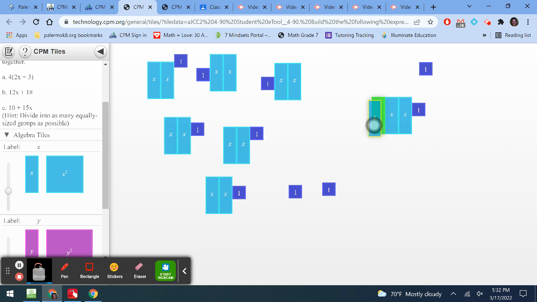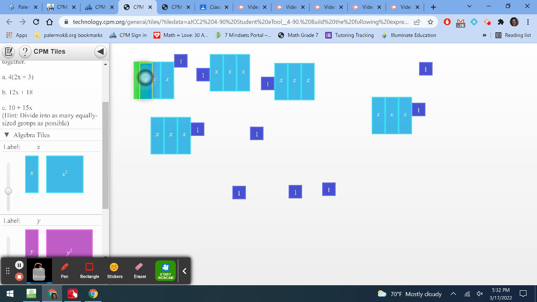So let's try 3 of the X's together. So I'm just going to start breaking up some of these other groups so that I can try to see if I have equal amounts. So at that right there, I have the 3 X's and they're equal. So that's good, in this way, with no leftovers.